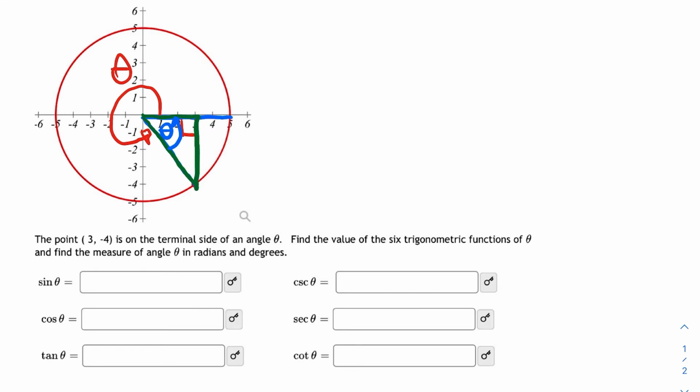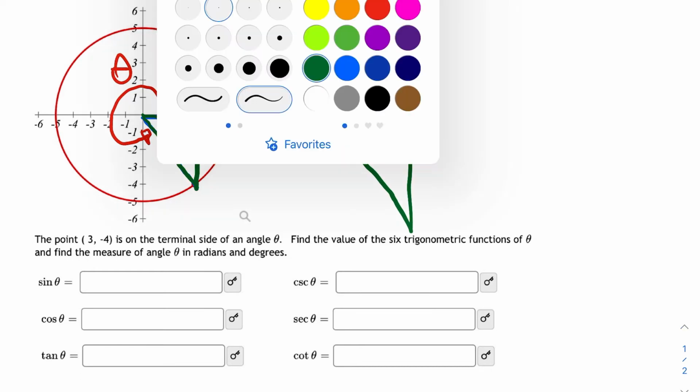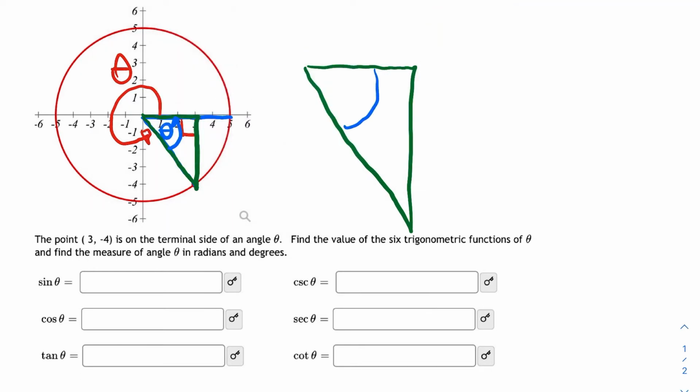If you add that angle to theta, you will get the full revolution, 360 degrees. So let's blow it up. This is the reference triangle. The angle theta prime is over here.